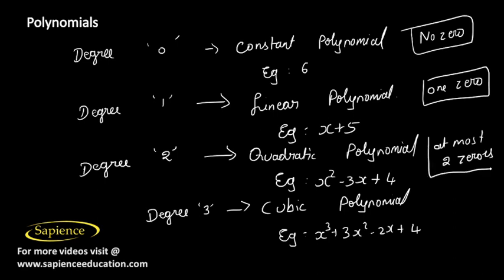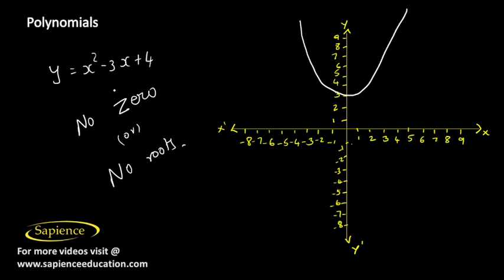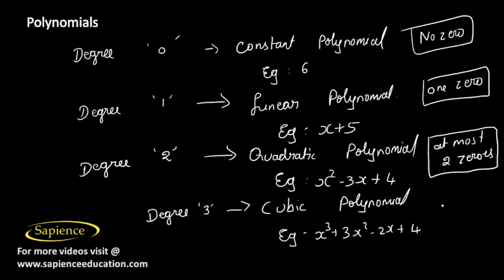That is, maximum it can have 2 zeros. A degree 2 polynomial may have no zeros also. We have seen an example for it. This is a degree 2 polynomial with no zero. It never touches the x-axis. And for degree 3 we have at most, that is maximum, 3 zeros.